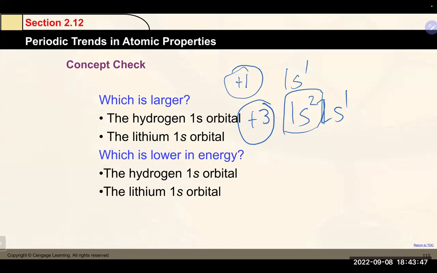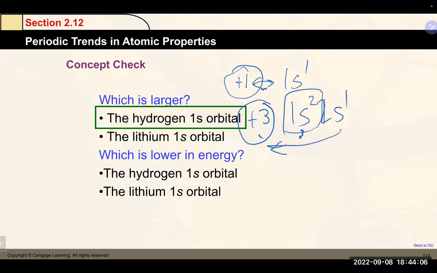Which one will be larger in this case? It is going to be the hydrogen. That's because this is a +1 to -1 attraction, while the lithium is a +3 type of charge. So that's going to be pulled in a lot tighter to each other, which means the overall size of lithium is going to be smaller.